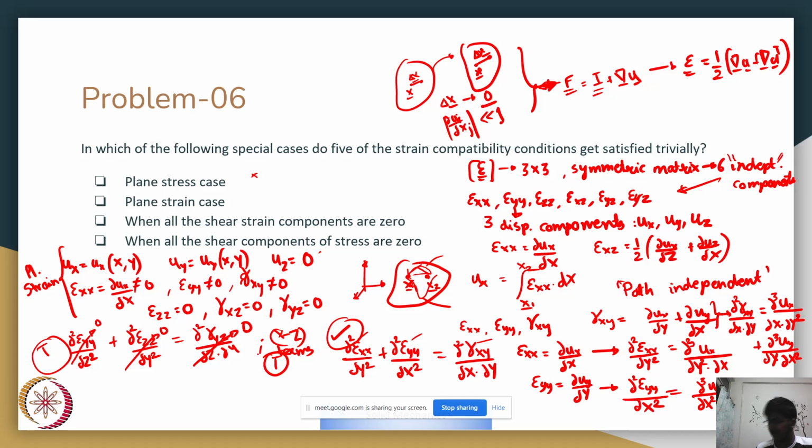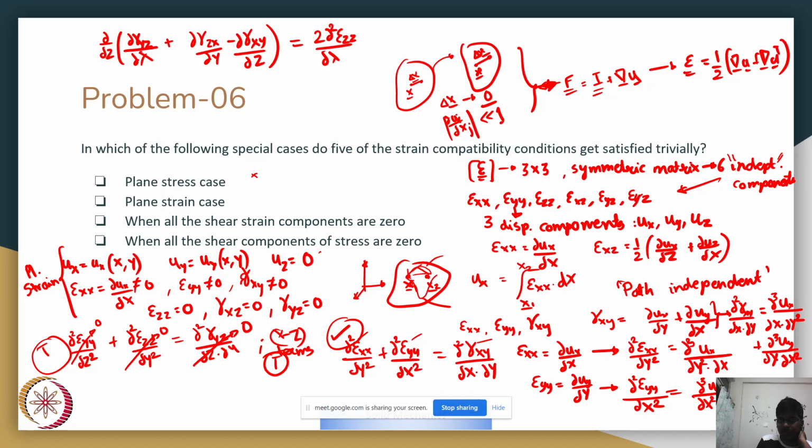Similarly, if we look at the second set of strain compatibility equations, we have dou by dou z times dou gamma yz by dou x plus dou gamma zx by dou y minus dou gamma xy by dou z is equal to twice of dou square epsilon zz by dou x dou y.